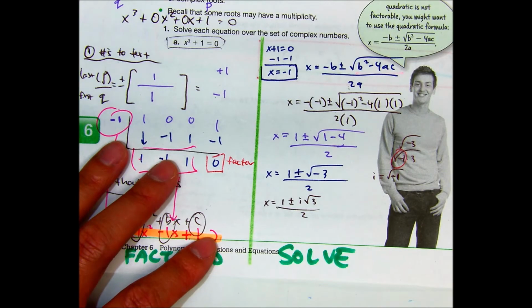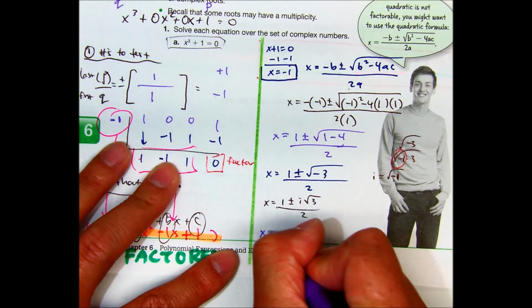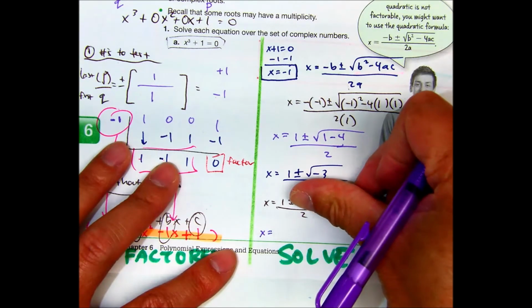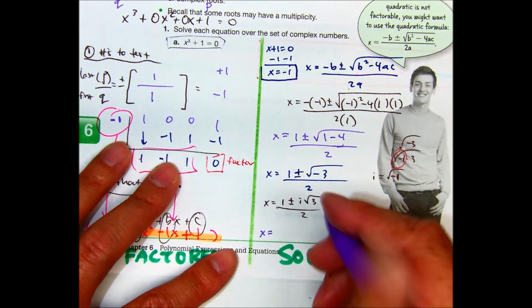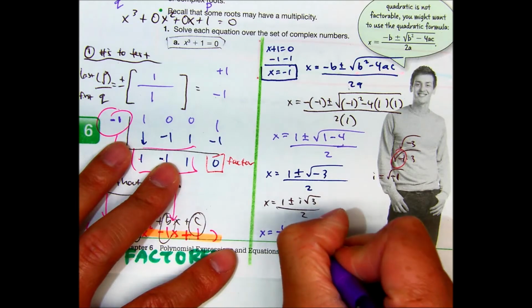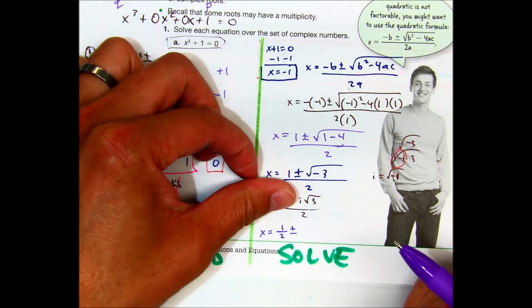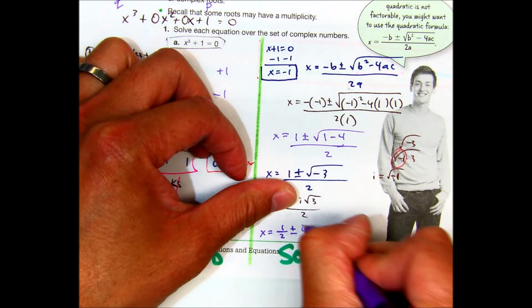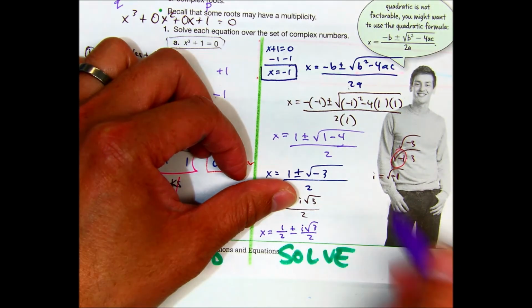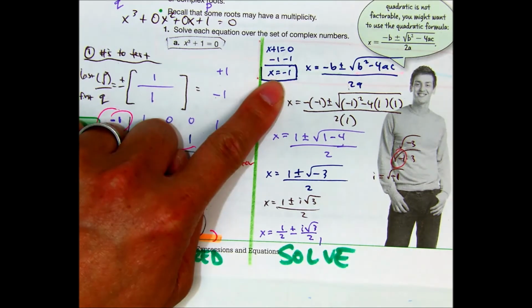Okay, what are our two solutions? Watch my finger. I have 1/2 plus or minus i radical 3 over 2, comma, x equals -1.